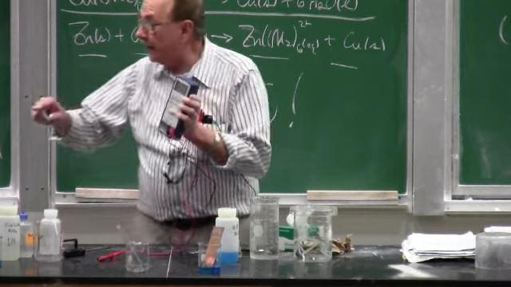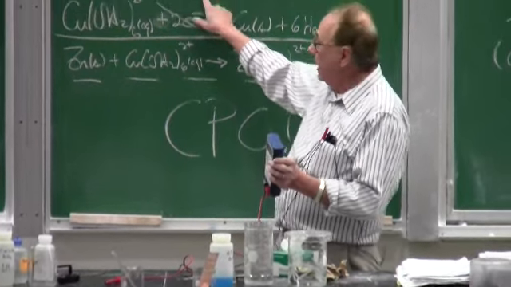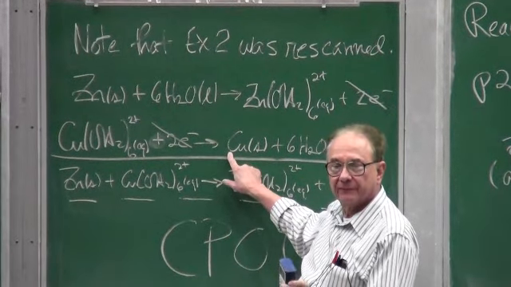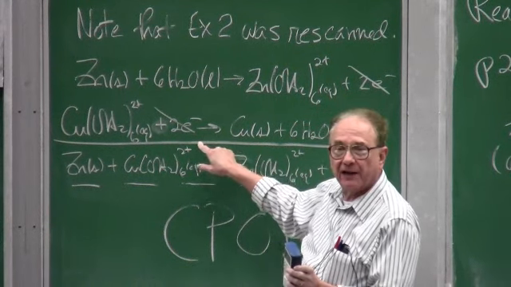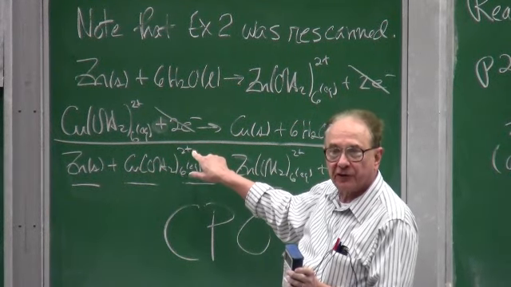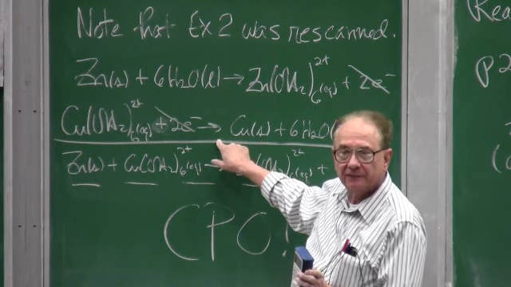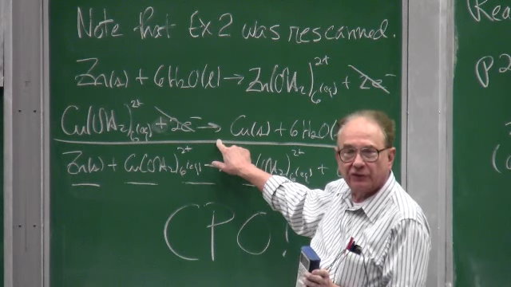take a look at E0 for this half reaction and E0 for this half reaction, keeping in mind that for this copper-copper ion half reaction, we wrote it in the opposite direction. So that involves changing sign on that E0 value. What should we get when we add these E0 values together?